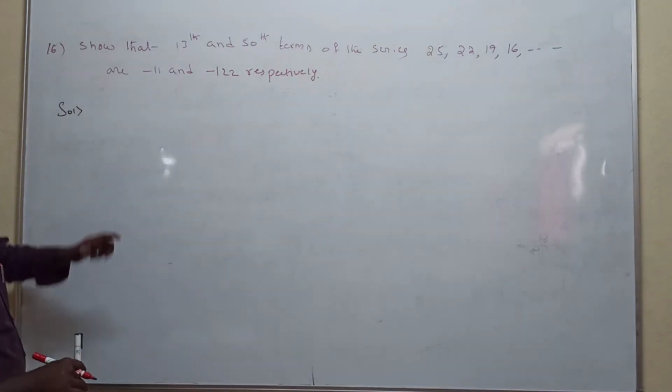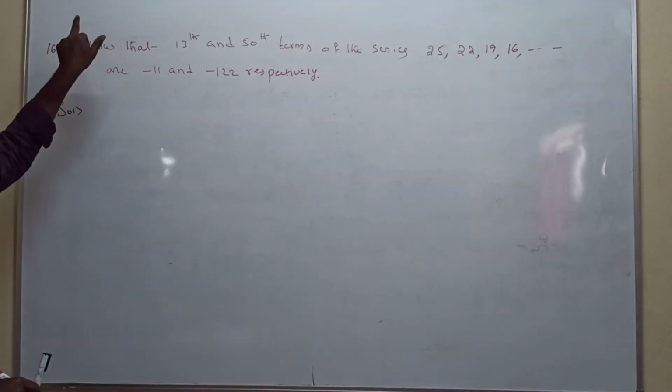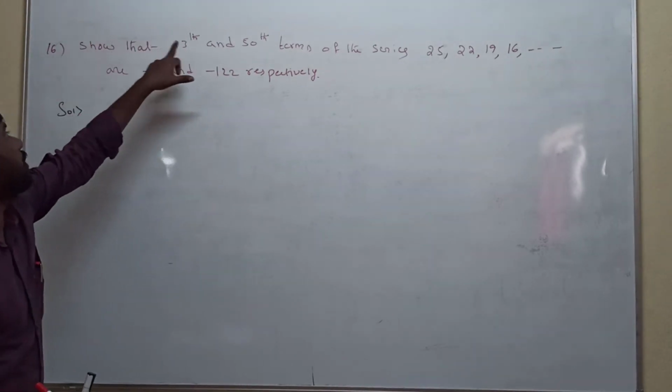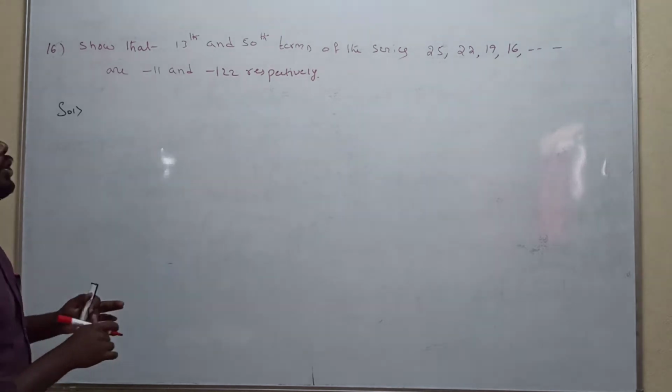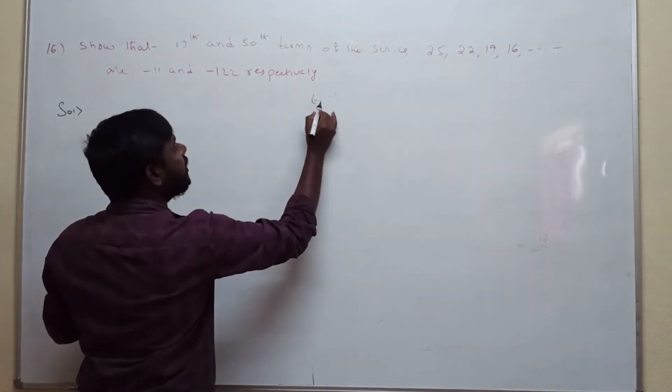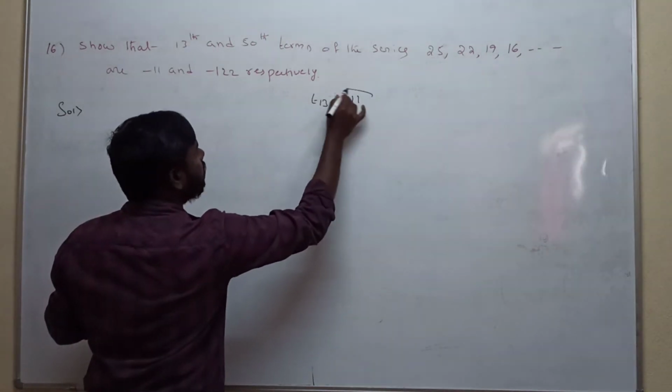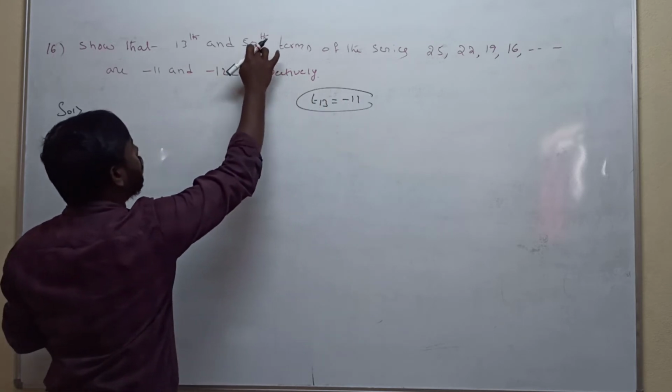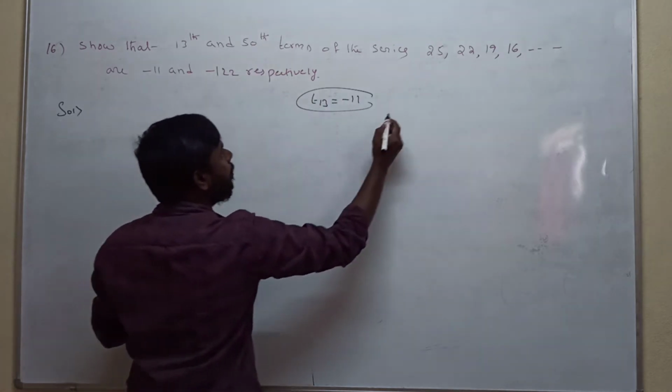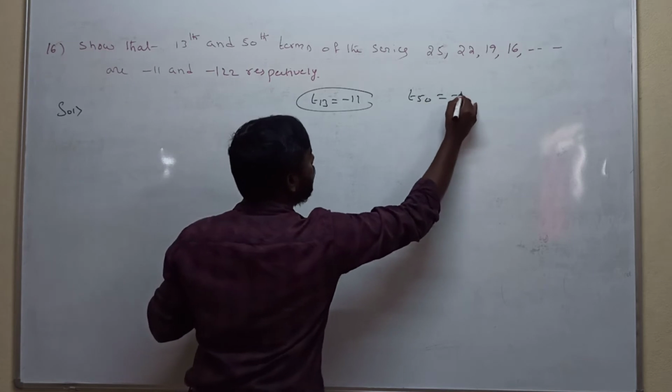What is given? Listen carefully. Show that means prove that. You have to prove that the 13th term is -11, and next you have to prove that the 15th term is -122.